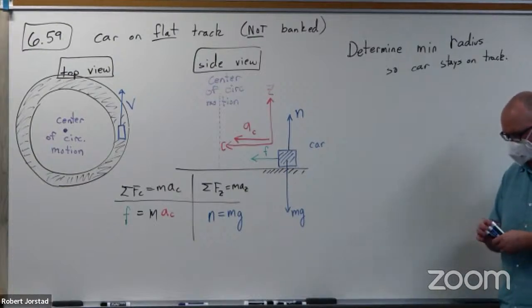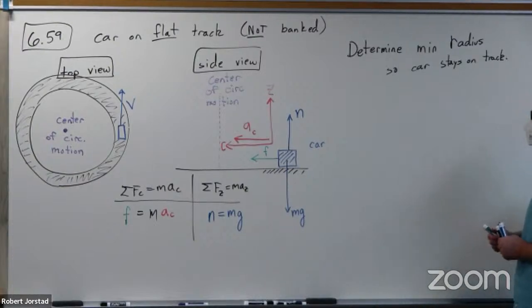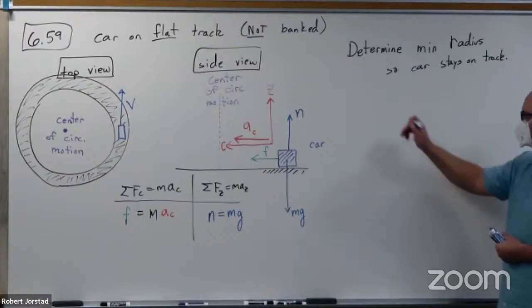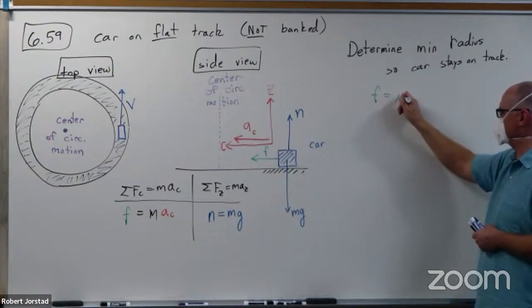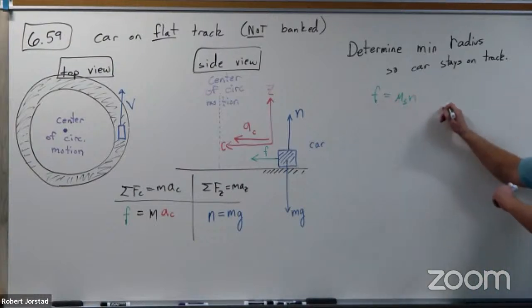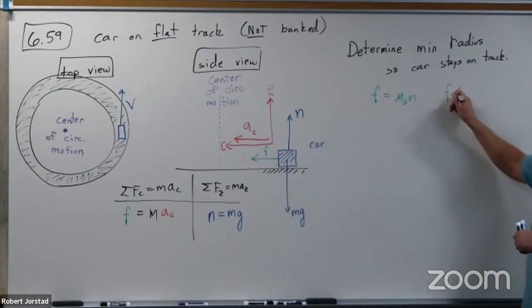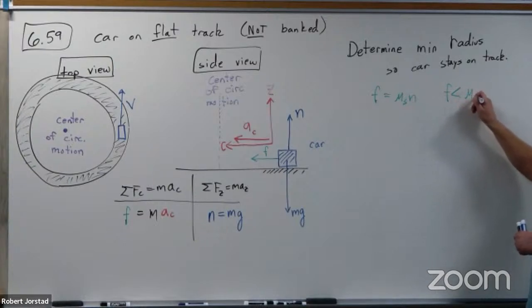What frictional condition applies? We know it's static friction. So is it f equals mu static times N, or is the friction less than mu static times N? What do you think? Equals. Why? What's the key word that tells us it's equals?